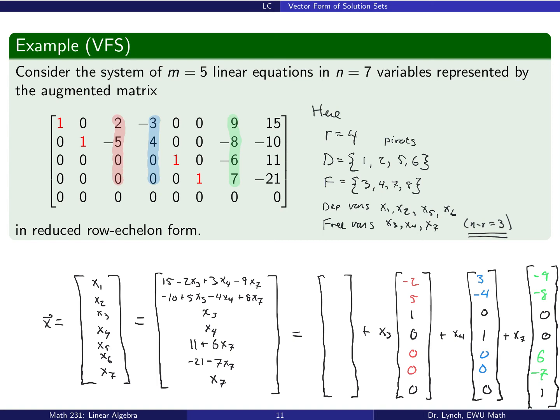And finally, we see that we can fill in this one more vector with what we get out of the row-reduced echelon form corresponding to that vector of constants. Again, those numbers come from that vector of constants, ensuring again that we get x3, x4, and x7 for our free variables as desired.